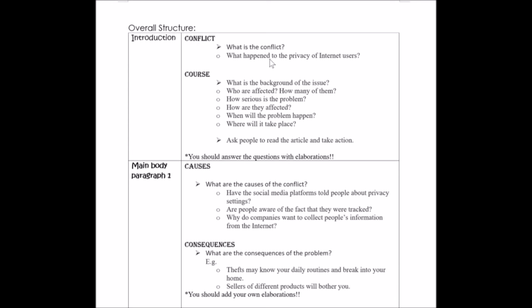What is the conflict mentioned in the question? What is the cause? That means you need to tell us about the background information of the issue, like how serious is the problem, how are they affected, and when will the problem happen? Where will it take place?